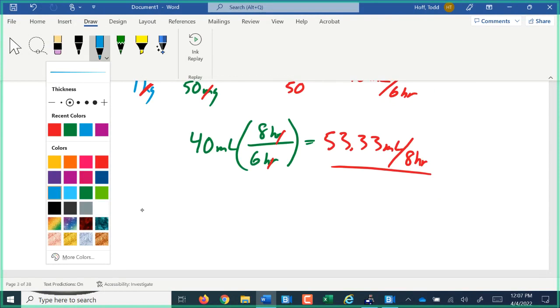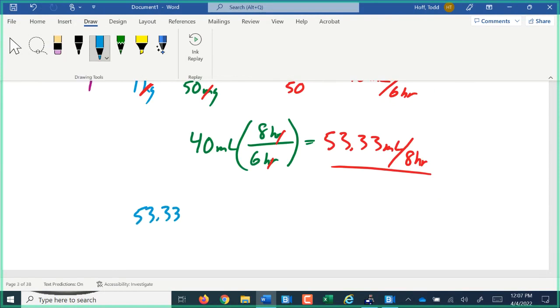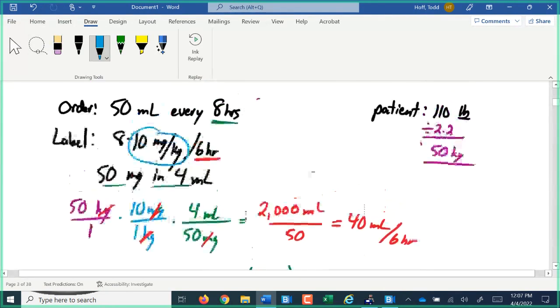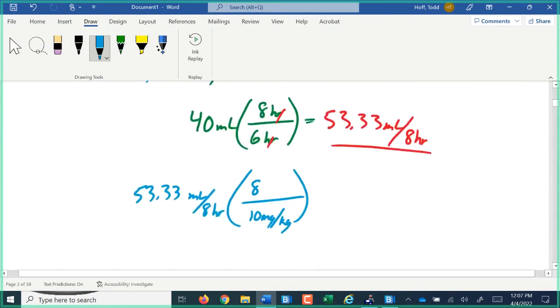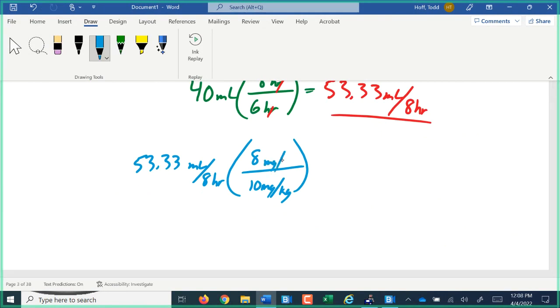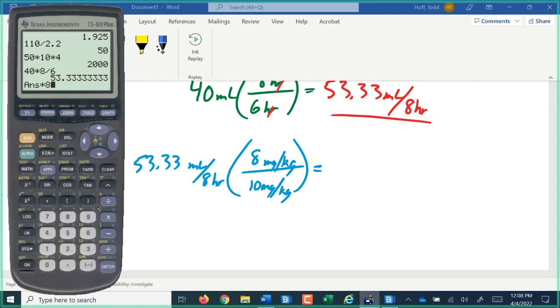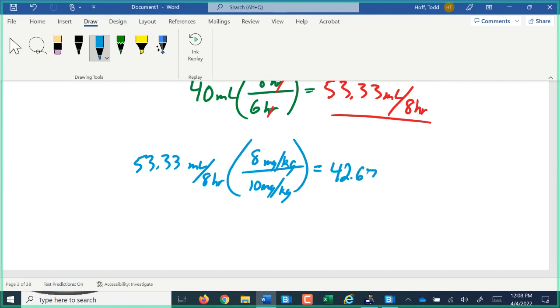Find the minimum. We have 53.33 milliliters every 8 hours. That was calculated off of 10 milligrams per kilogram. And we want to titrate it to the minimum, which is the 8 milligrams per kilogram. 53.33 times 8 divided by 10 gives us 42.67 milliliters every 8 hours.